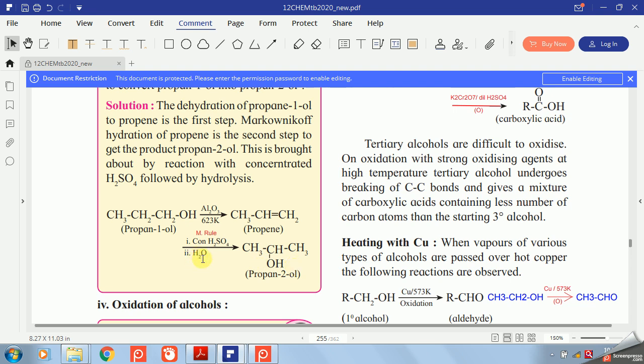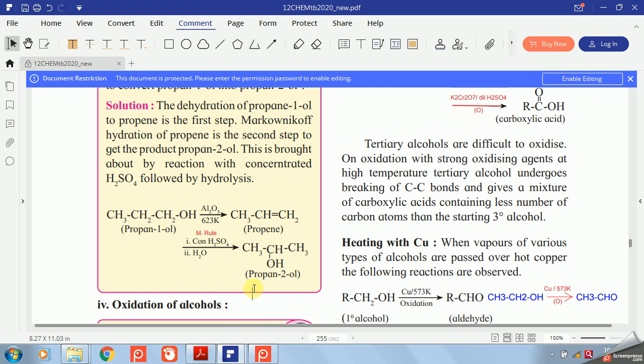And if you carry out hydrolysis of that, then the O-S bond undergoes cleavage and it becomes OH, and the remaining part of OSO3H, that is SO3H, reacts with OH and gives H2SO4 back. So the byproduct here is H2SO4.